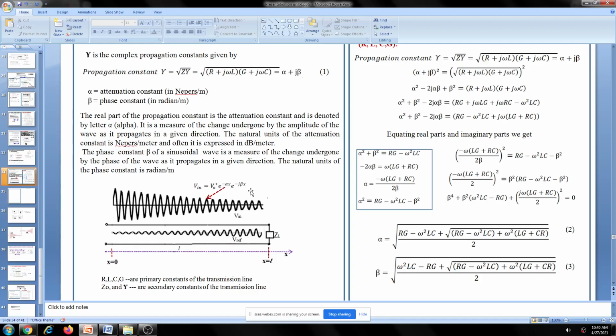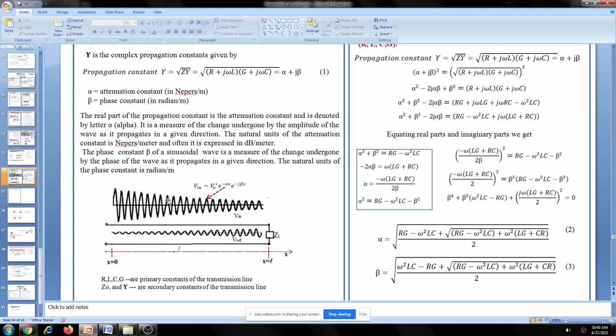Similarly, this alpha is many times, instead of being expressed in Nepers per meter, also expressed in dB per meter. In most of our RF and microwave applications, instead of saying Nepers per meter, it is expressed in terms of dB per meter.